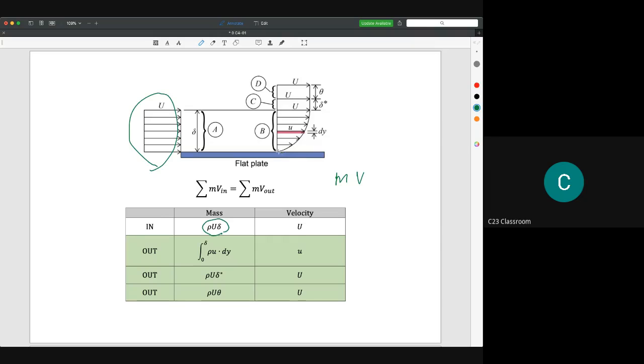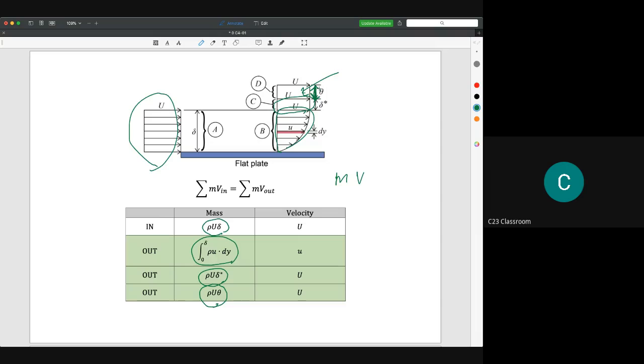Then for the outlet, for B here, as we discussed previously, it is the integral of rho u dy. For C here, we have rho U delta star, and for D, it becomes rho U and theta, because our new imaginary height here is equal to theta.